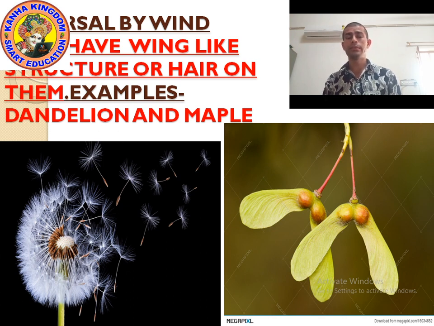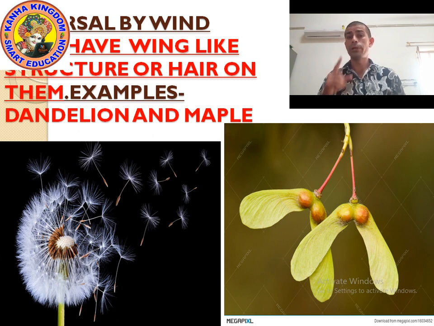Next, you can see the seed of maple. Can you see the picture of maple? Yes, maple. Its structure is just like a wing. Can you see the structure? Look, the structure is just like a wing. So they can easily go away, they easily scatter away, move away from one place to another place.